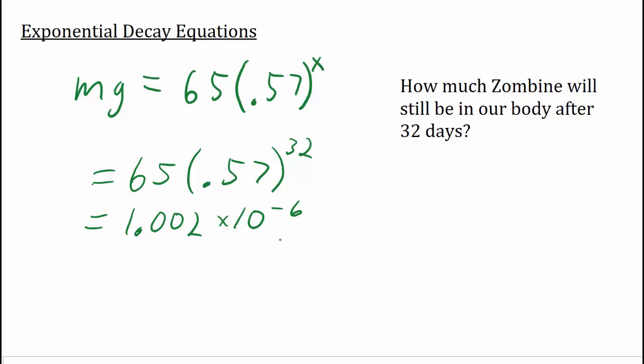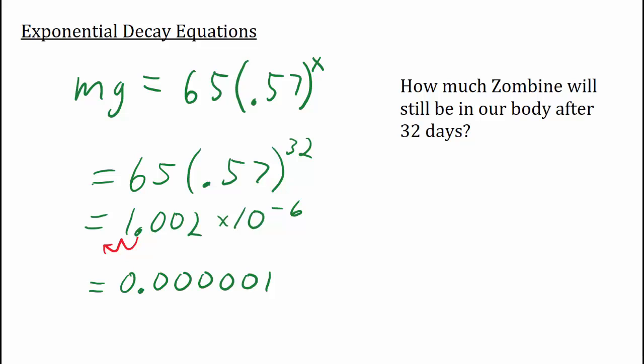The 10 to the negative 6 power means we really need to move the decimal point to the left 6 places. So that would mean we'd end up putting 5 zeros in front of that 1. I'll go ahead and leave off the 002 because those are very small decimal places. We just figured out that we have 1/1,000,000th of a milligram of Zombine left in our system after 32 days.